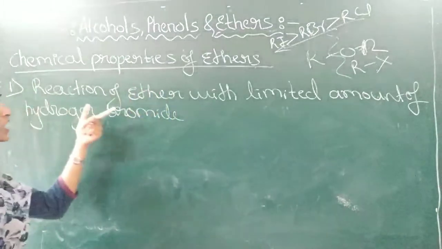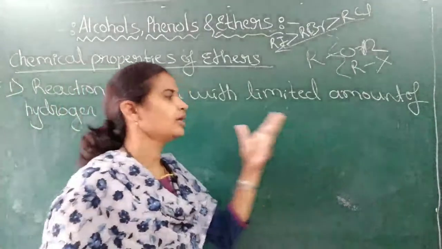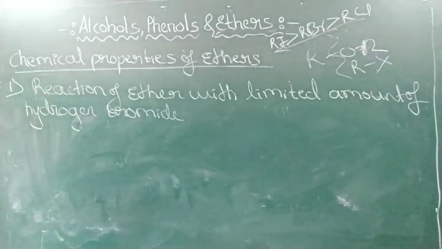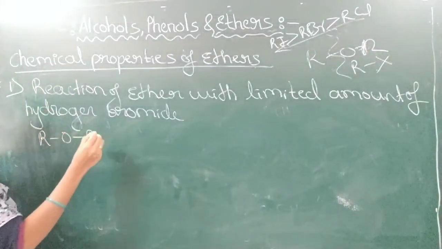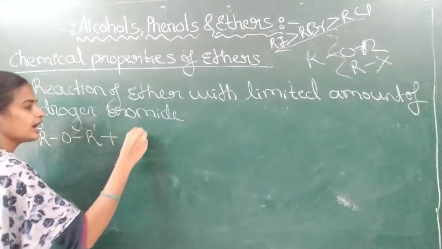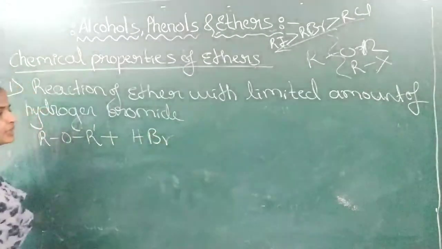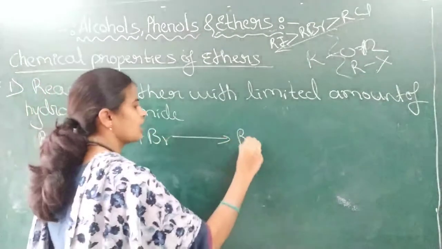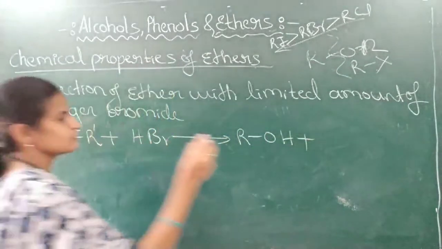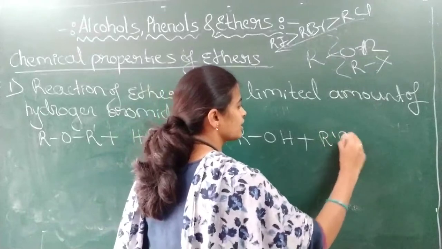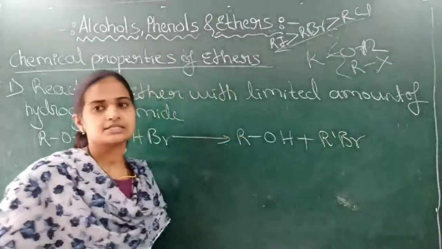Now, reaction of ether with a limited supply of hydrogen bromide. See, ROR' and hydrogen bromide. What happens? ROH is formed, with alkyl bromide as the side product.